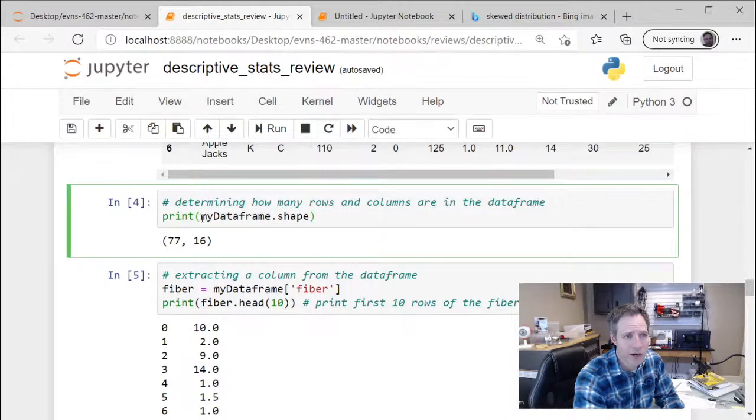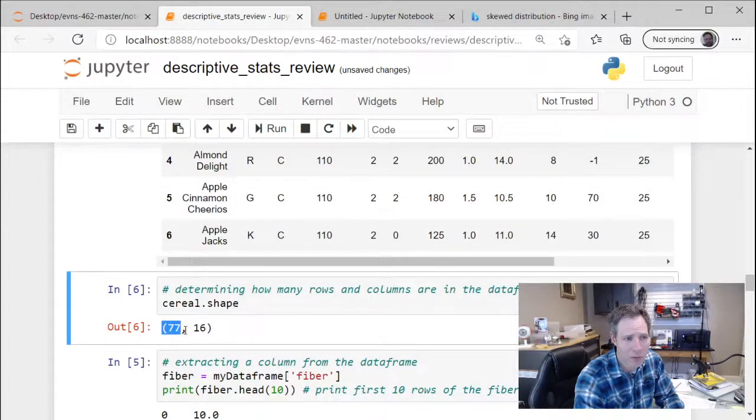Here's a very, very useful command. I changed my data frame name to serial, so I have to change that here. If I want to see the size of my data frame, I'm going to use this command, serial.shape.